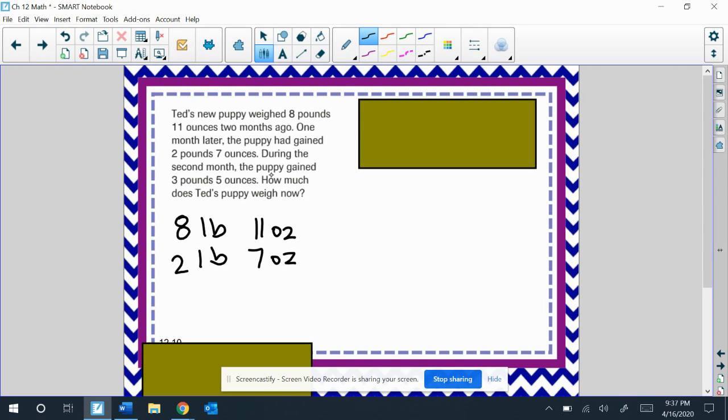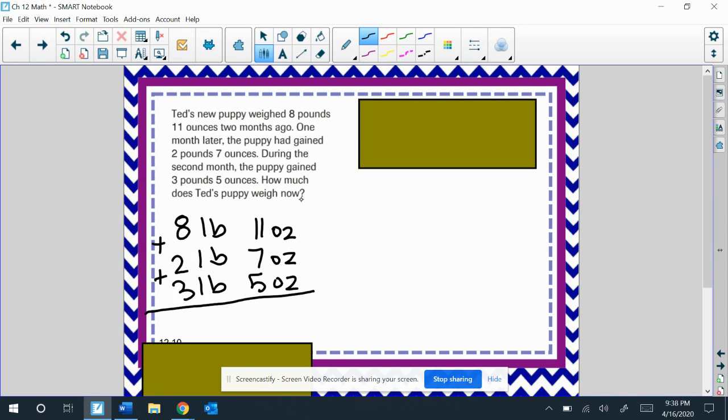During the second month, the puppy gained 3 pounds, 5 ounces. How much does Ted's puppy weigh now? This is 3 steps. Got to add all 3 of these numbers up. Let's go ahead and put our number in the corner and add it all up.